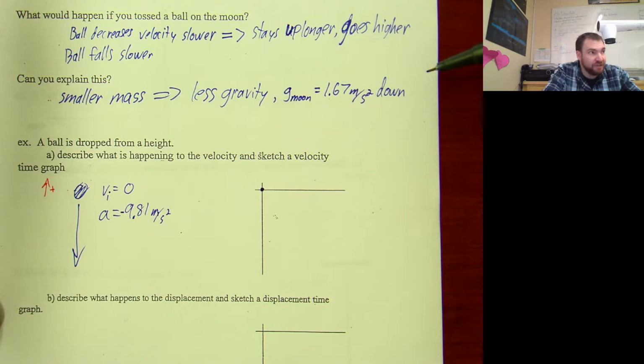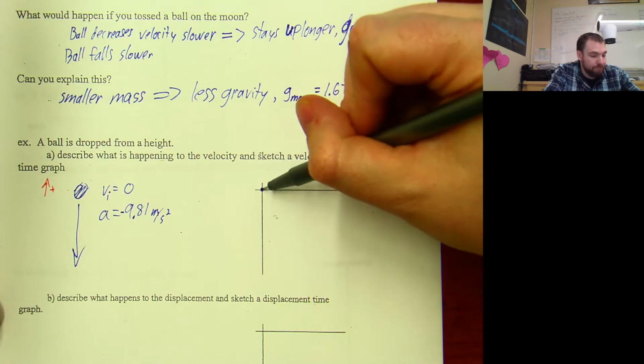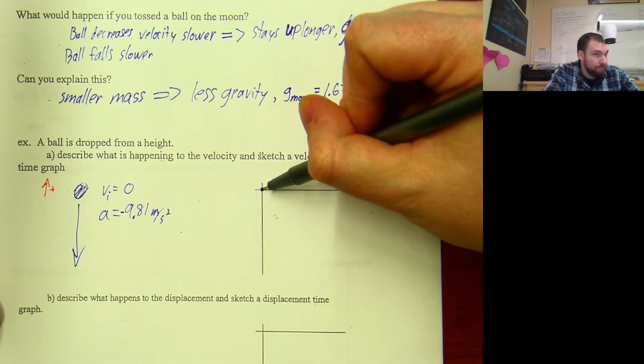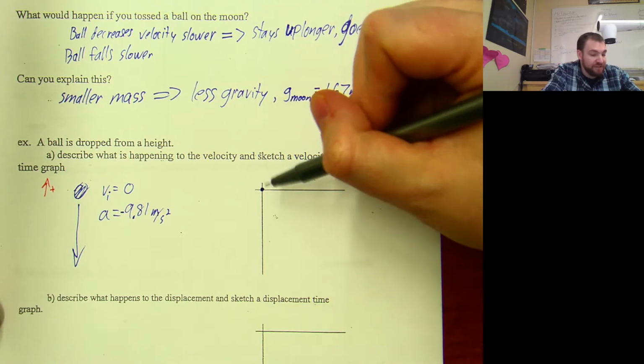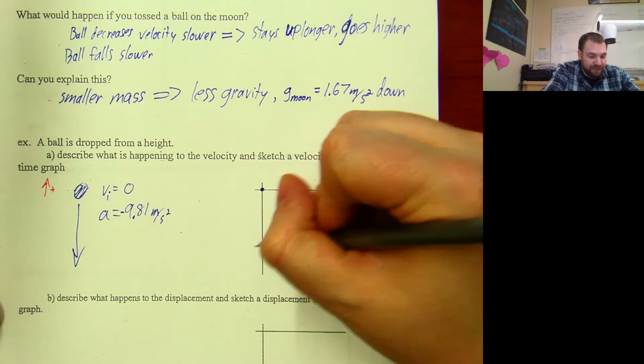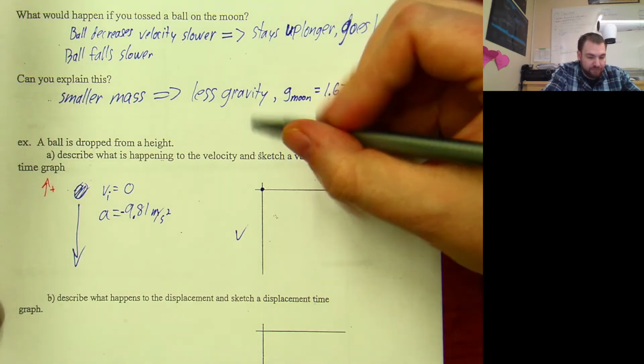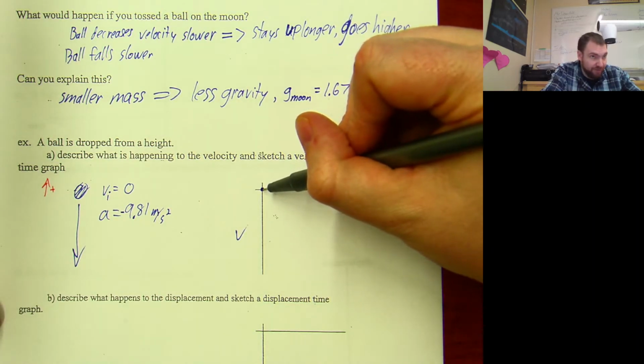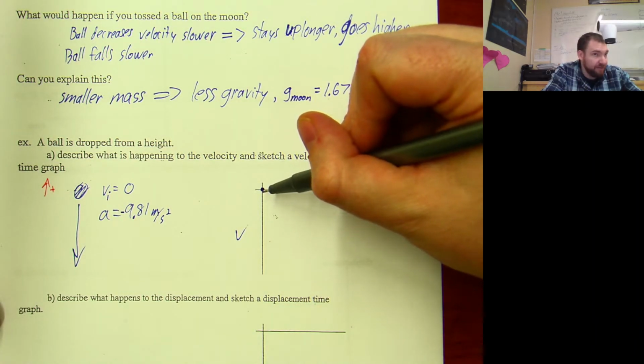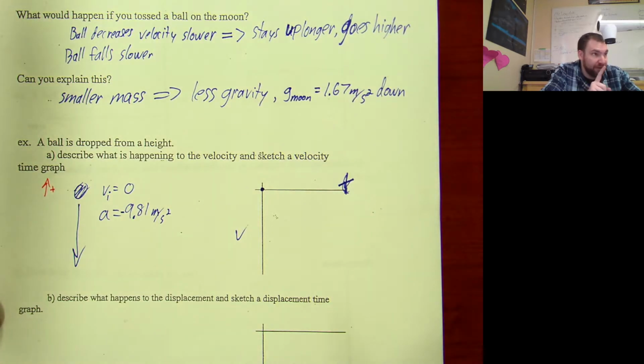And what is a constant acceleration on a velocity time graph going to look like? This is a VT graph. Sorry, that's V, this is T. There's a few different ways we can depict that. This is a velocity time graph.